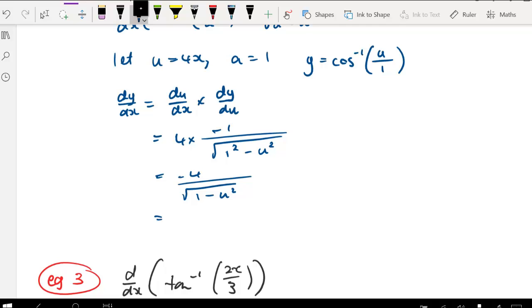And when we put u squared back in, we've got negative 4 on the square root of 1 take 4x all squared, which is 16x squared. So there we have it. There's our derivative, negative 4 over the square root of 1 take 16x squared.